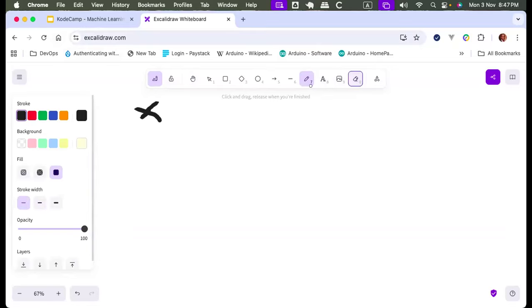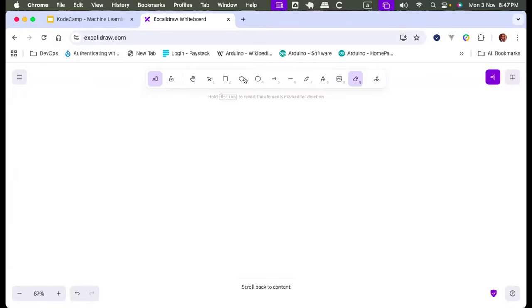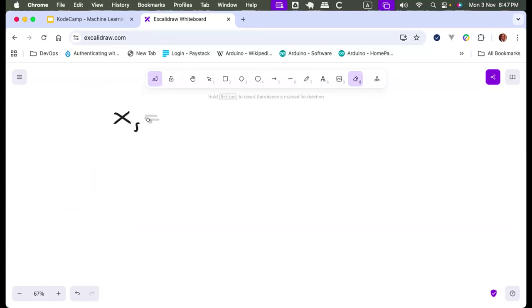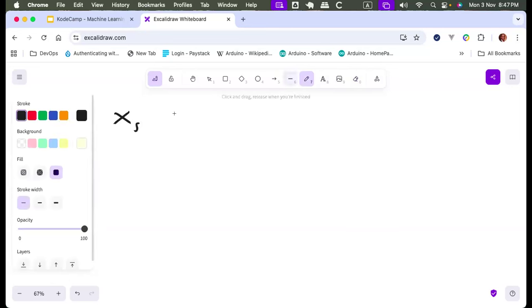Okay. I hope you can see my screen. So I have XY values, X and Y.